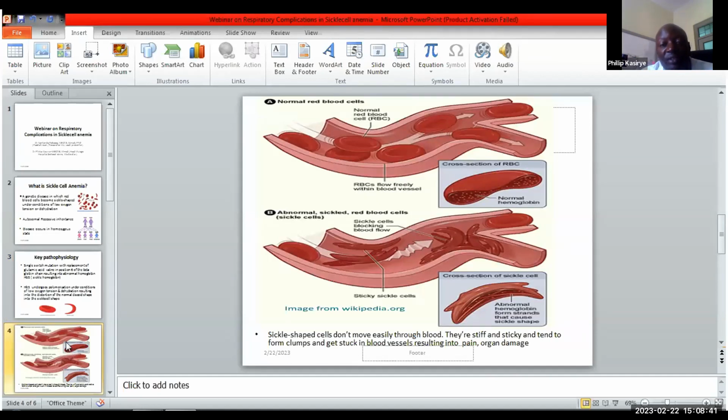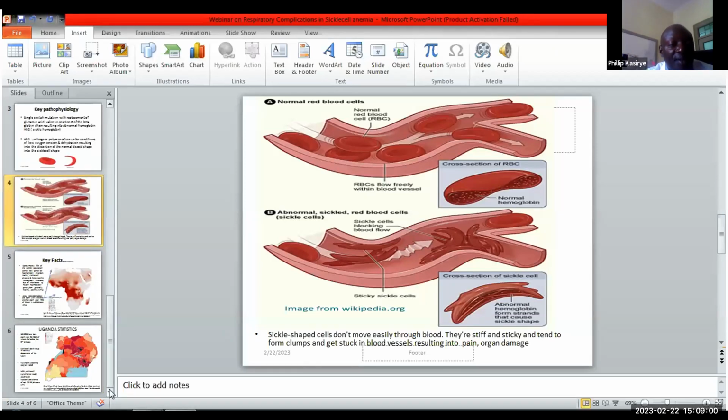As a result, we have ischemic effects distal to the point of vaso-occlusion, which may manifest as pain initially, but later on we may get end organ damage or failure.